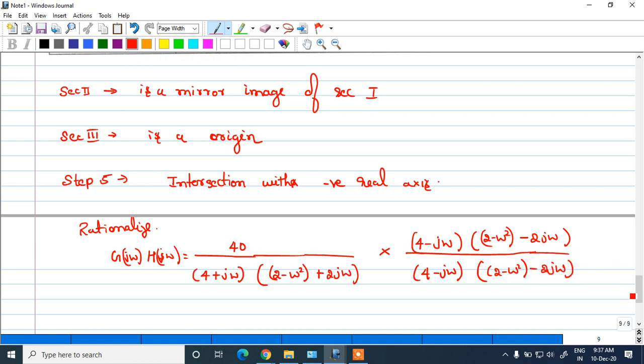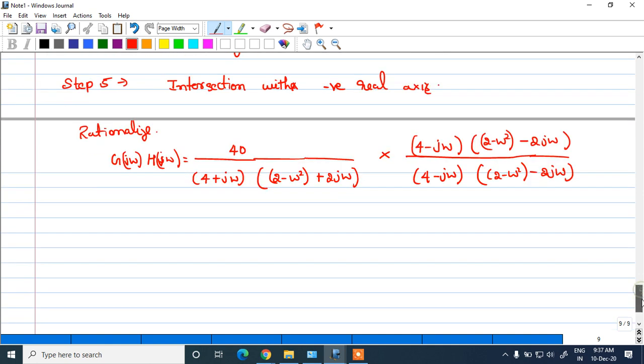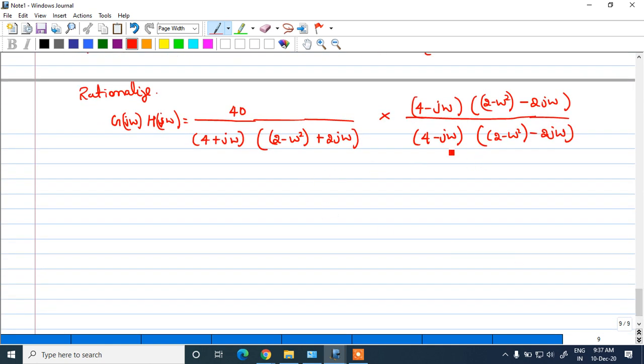See, this step I will leave it to you, very simple. Here you need to multiply and separate the real part and imaginary part. So I will write down the real part and imaginary part. So that is 40 multiplied by 8 minus 6 omega square.